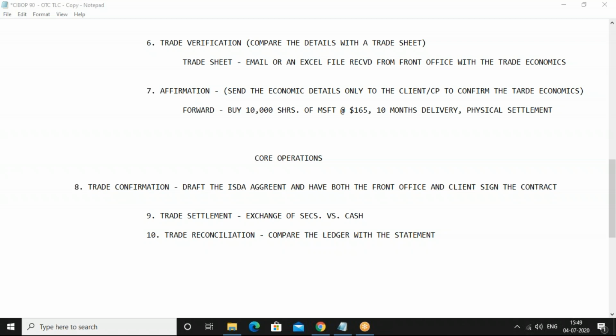Now, that piece of paper, with just the details and no signature, is it legally binding? No. Good. So it's not legally binding. What you have just done is what we call affirmation.